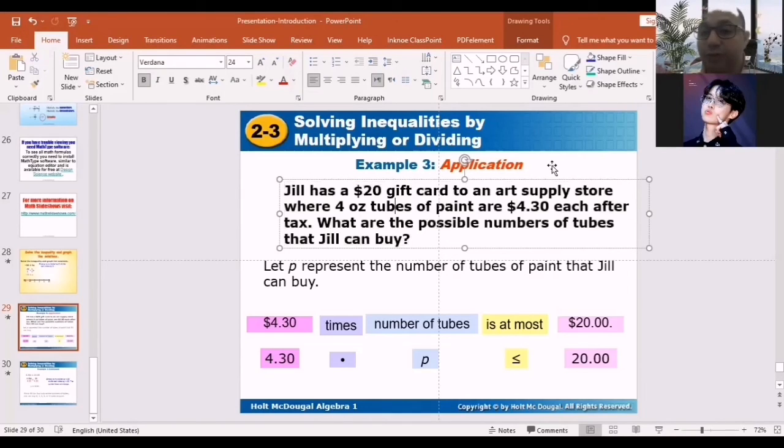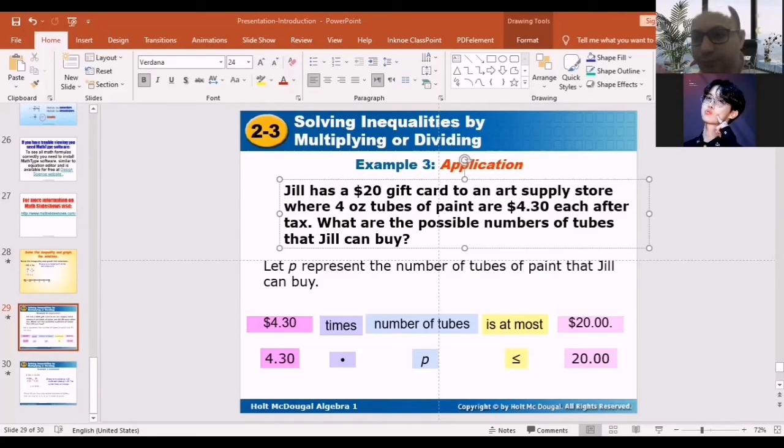Okay, Noor. Now we have this example. It's a real-life problem. Jill has a $20 gift card to an art supply store. Tubes of paint cost $4.30 each after tax. What is the possible number of tubes that Jill can buy? Now we have the strategy.